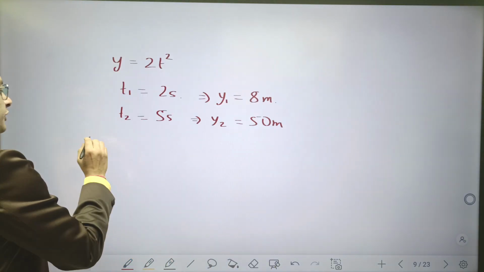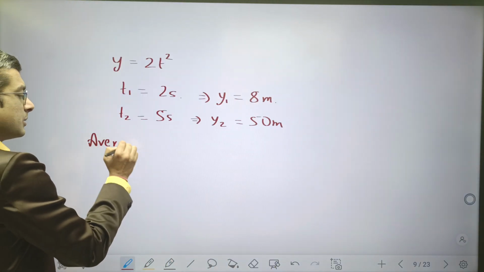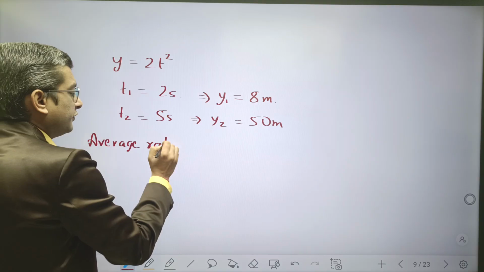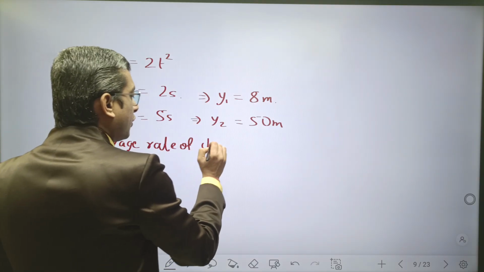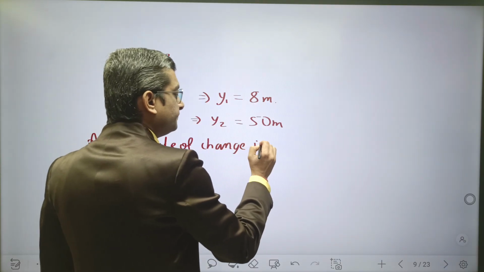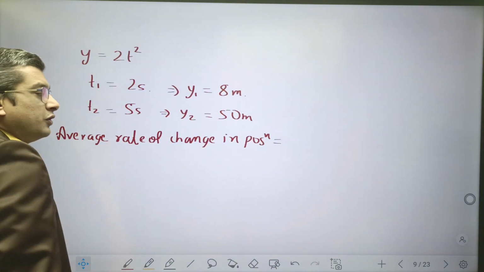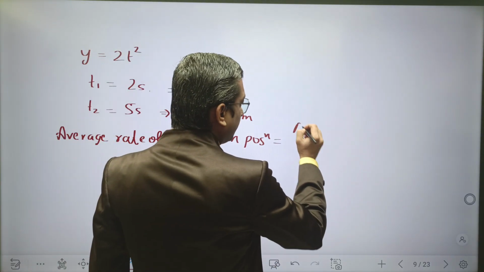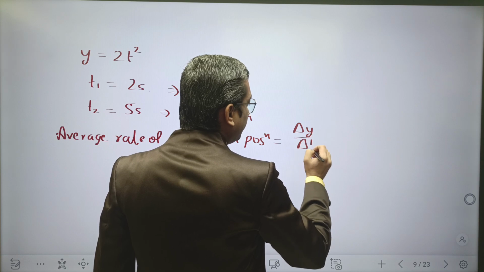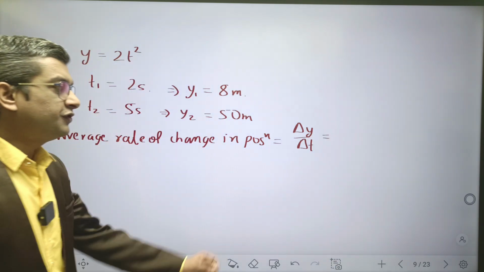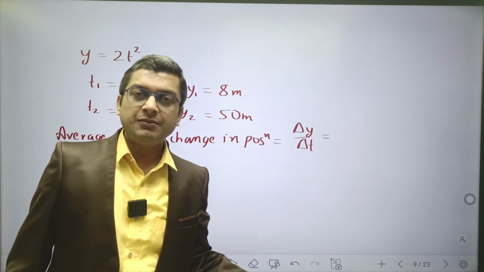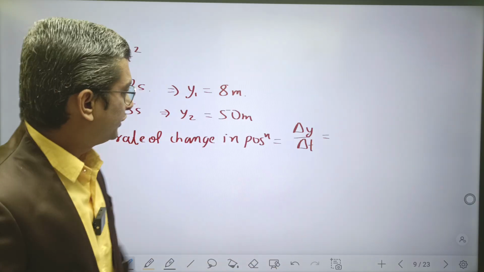So average rate of change in position is given by delta y by delta t, isn't it? That is change in position per unit time. It is known as average rate of change.